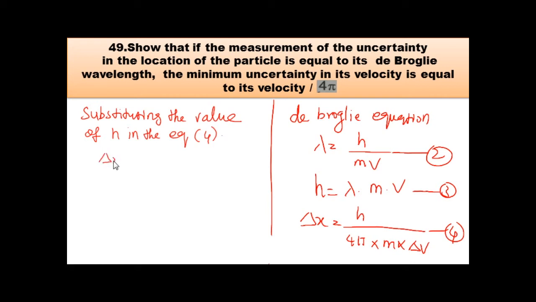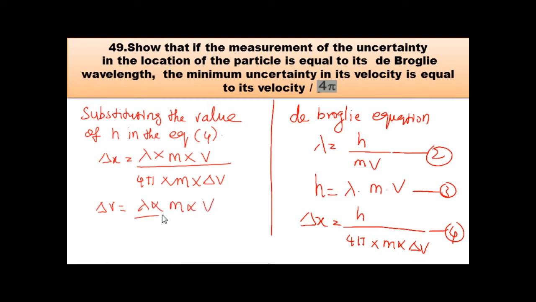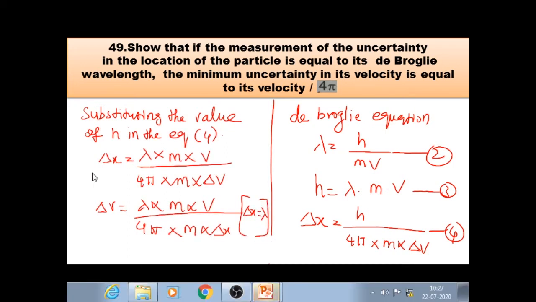So delta X equal to lambda multiplied with m into V, divided by 4 pi multiplied with m into delta V. So the delta V equal to lambda multiplied with m multiplied with V divided by 4 pi m into delta X. Already delta X equal to lambda, so we have already taken delta X equal to lambda.